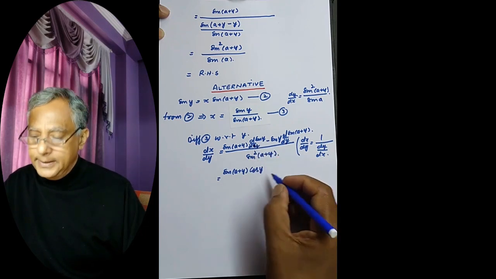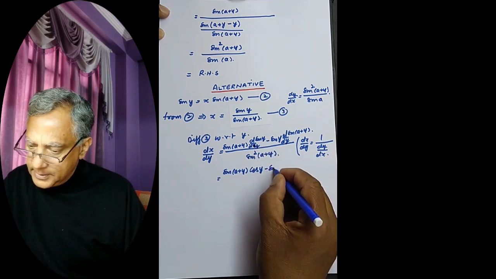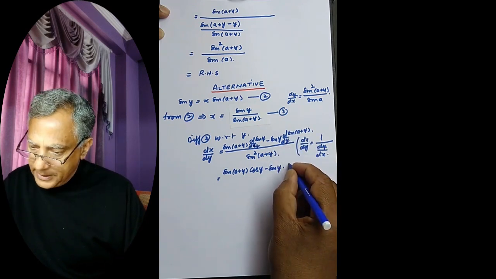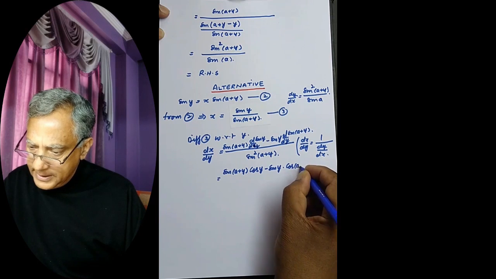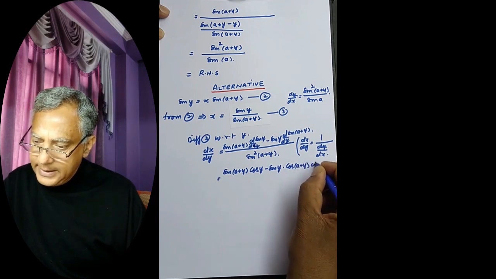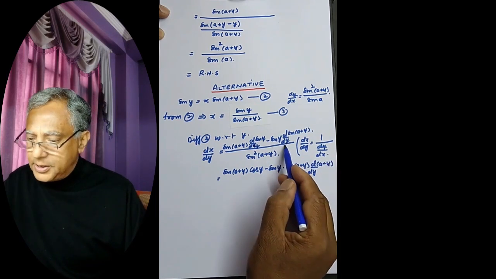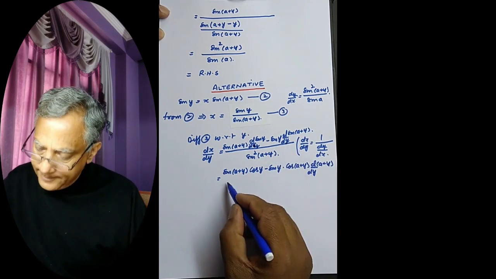That is 1, minus sine y into differentiation of sine. Differentiation of sine is cos of a plus y into differentiation of inner function, that is a plus y. Differentiation is with respect to y.